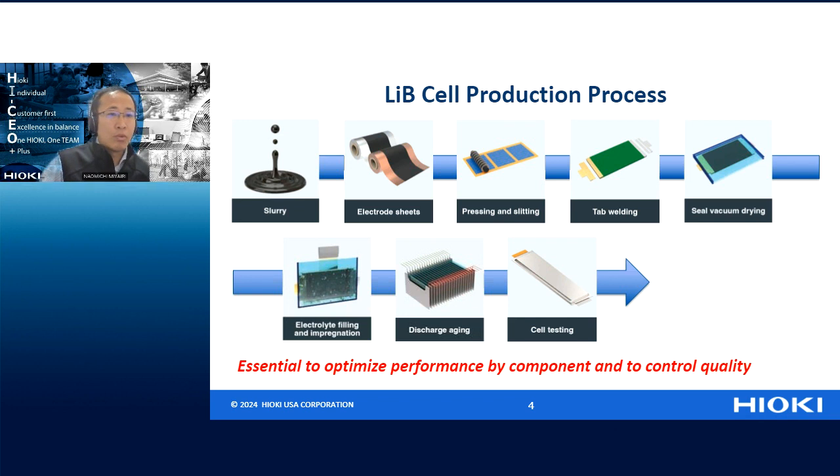So through these processes, we'll produce cells, but to get desired battery cells, we should optimize the performance by battery component, and also we ensure the quality is right by battery component as well.